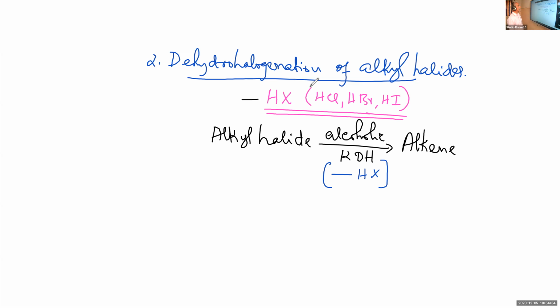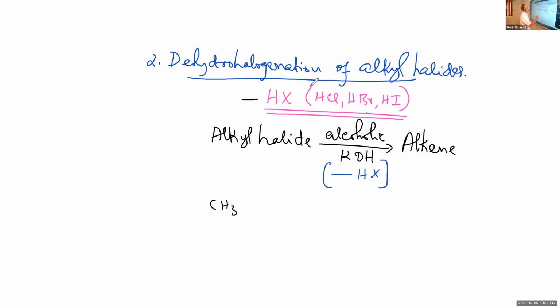This reaction is called dehydrohalogenation of alkyl halide: removal of hydrogen halide from alkyl halide by heating with alcoholic KOH. For example, an alkyl halide is heated with alcoholic KOH and we get an alkene as the organic product. Let us take one example for this reaction.